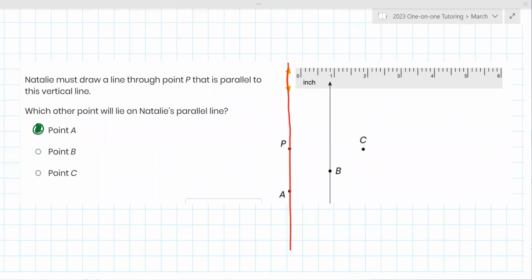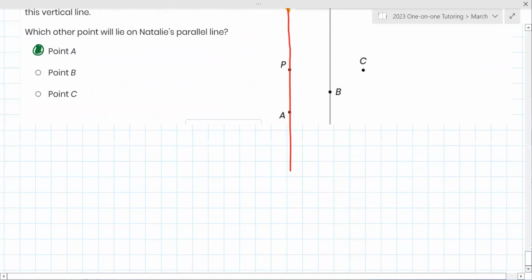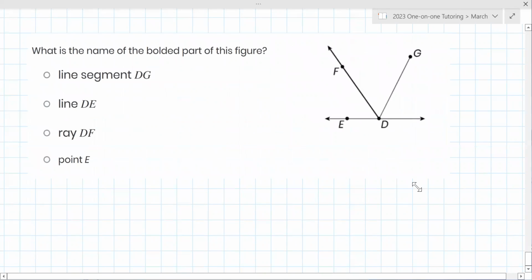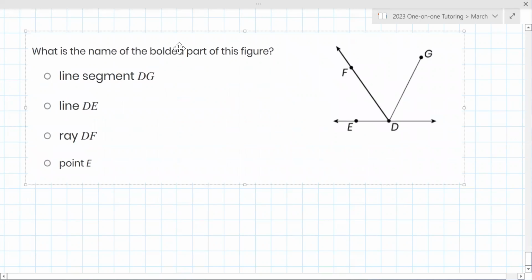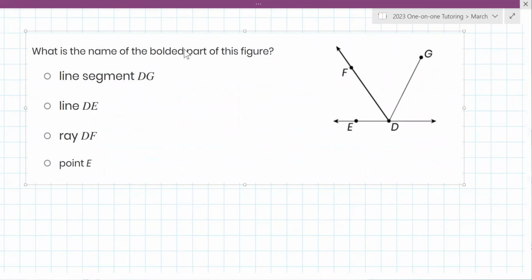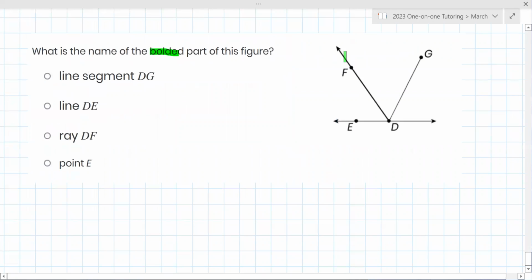So we have not covered this question, but I'm going to just see if maybe you've got it down or you're comfortable with it. All right, so it says, what is the name of the bolded part of this figure? And if you can't tell, I'll put it in green here.